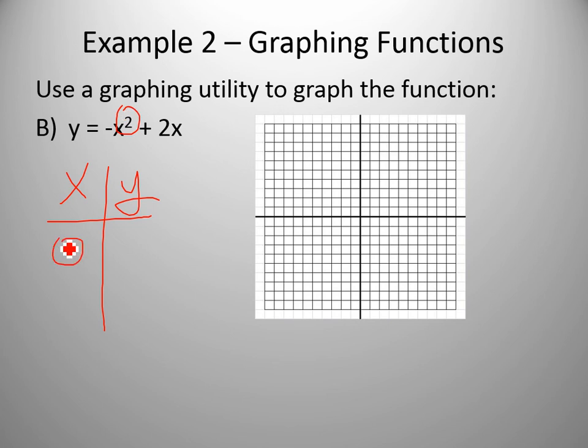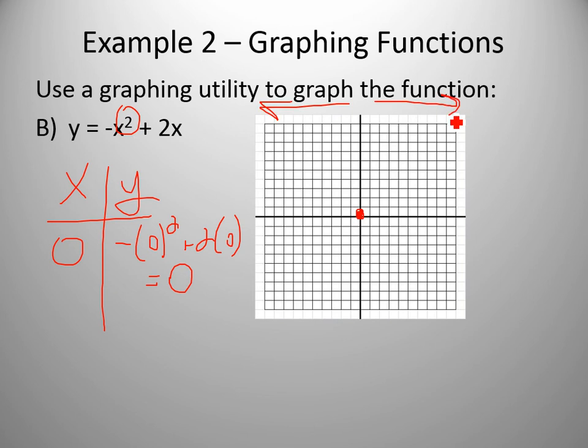If I put a 0 in for x here, I'm going to get negative 0 squared plus 2 times 0, right, which I know equals 0. So that's going to give me a point right about here. Then if I'm trying to get some other points on the graph, once again, if we're talking about point plotting, I want to get a point that's on the negative side, I want to get a point that's on the positive side.